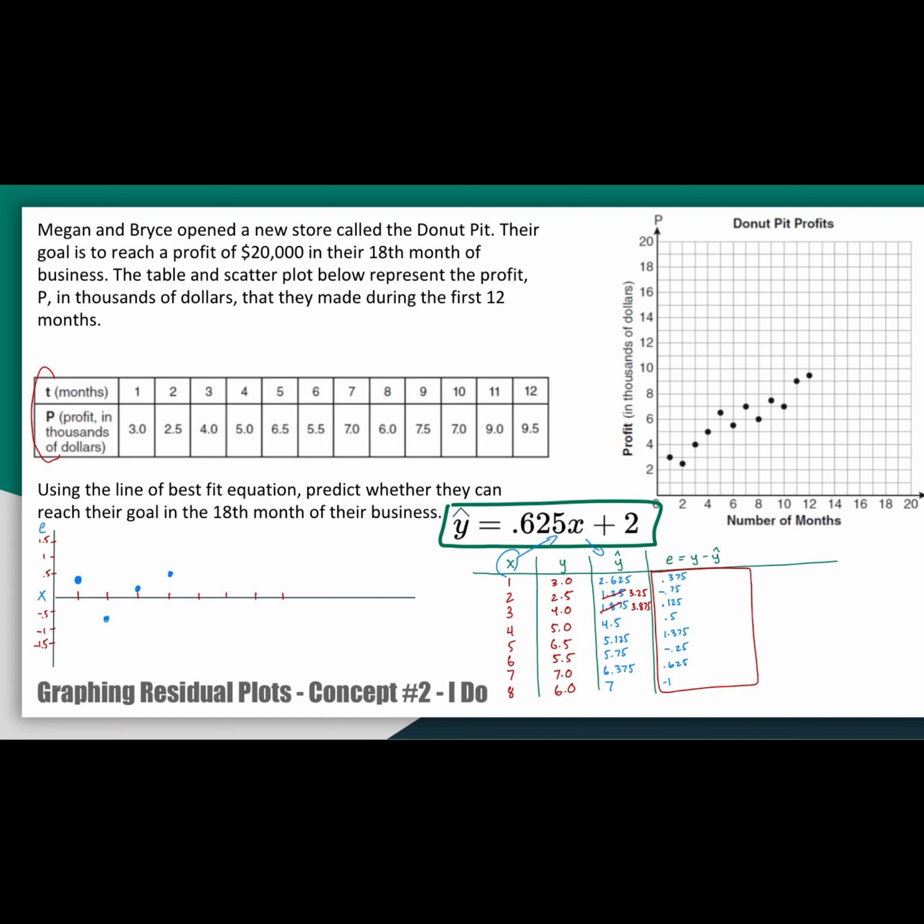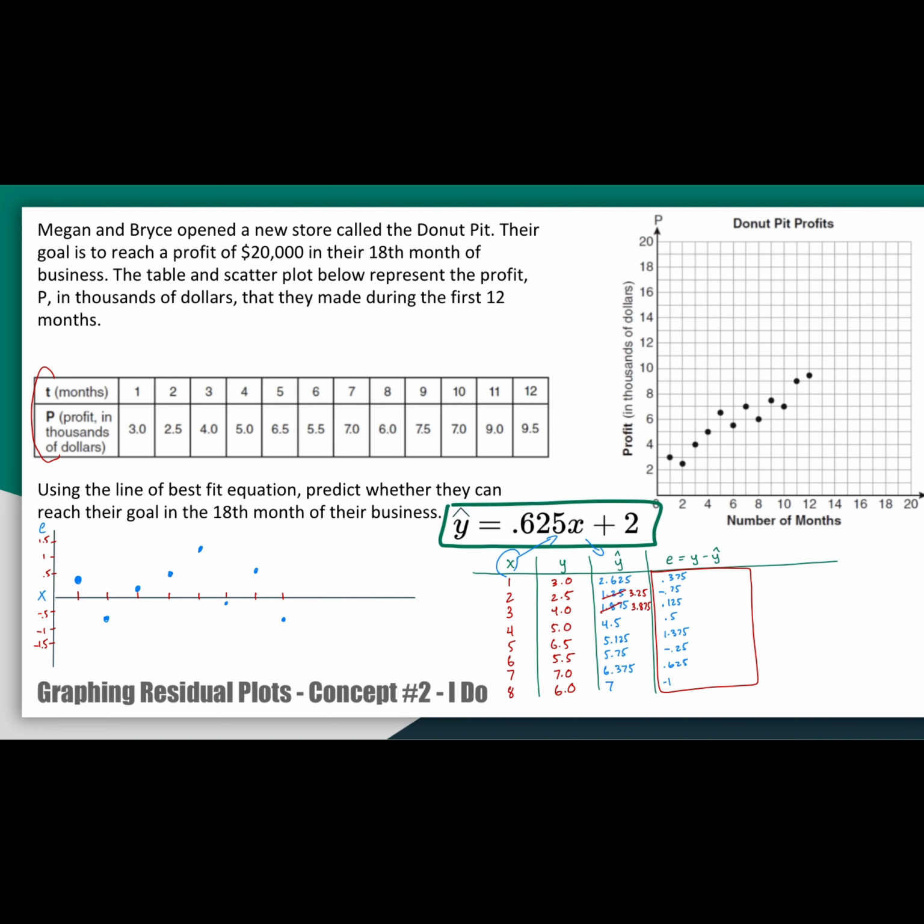And then 1.375 is a little bit higher. And then we're down to -0.25, and then 0.25, and then -1. And this is what a residual plot would be. Obviously, we have a couple more up to 12, but for brevity's sake, I think that was enough.